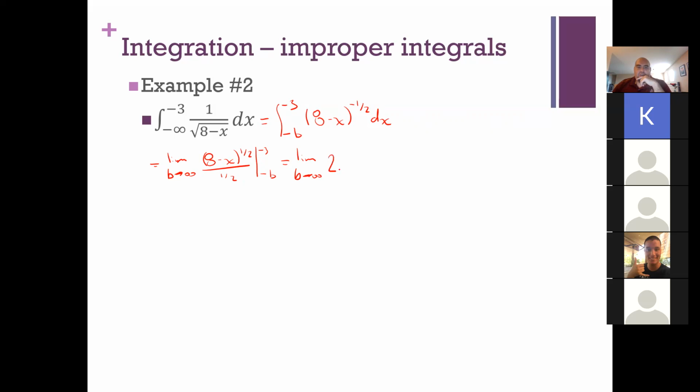So that's going to come out to 2 times the square root of 8 minus x, and evaluating that at -3 and also at -b. Do we want to change our votes, or do we still think this is going to be a sum?